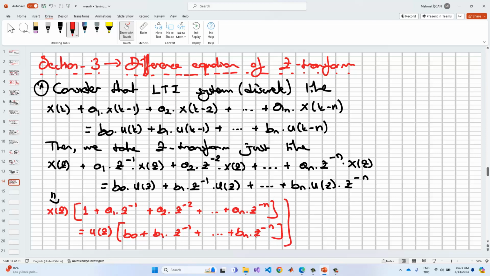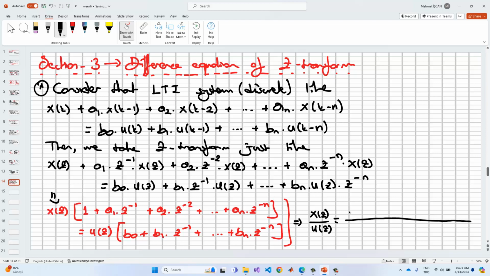If this is the case, we can write the whole equation in terms of the pulse transfer function, X(z) divided by U(z). This is the ratio: for a given input value in discrete time, how much we get as X(z).